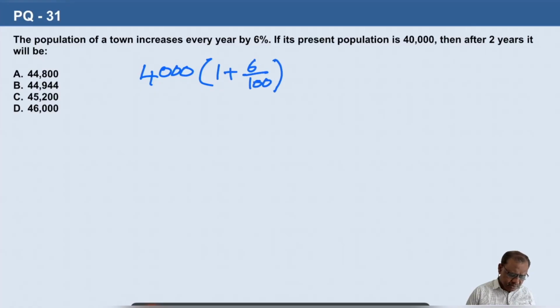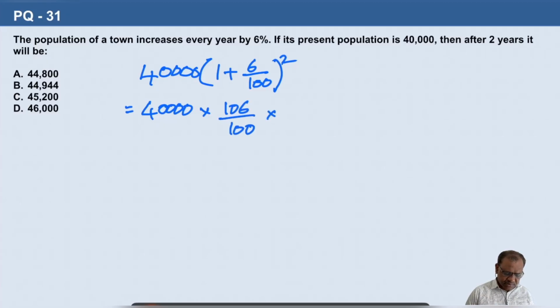We have to find out after 2 years, so take power 2. Simplify this. That is 40,000, into 1 plus 6 by 100, that is 106 by 100. Since we have to square, write one more time, 106 by 100.